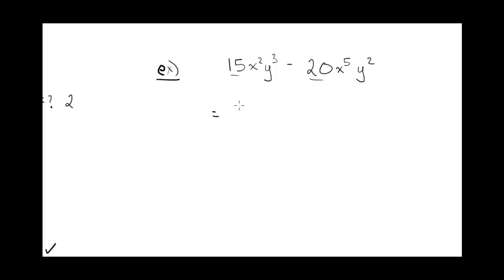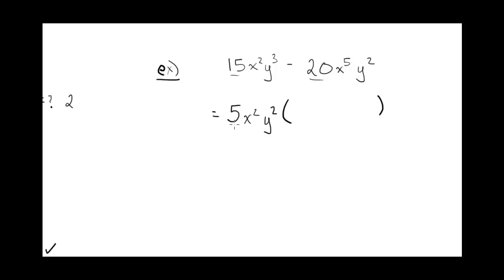In this case, 5. What's the highest power of x that divides both of these? x squared is the lowest, so it's always the lowest, so x squared. y cubed, y squared, so y squared is smaller. So there's our greatest common factor, and then the rest is in the bracket.